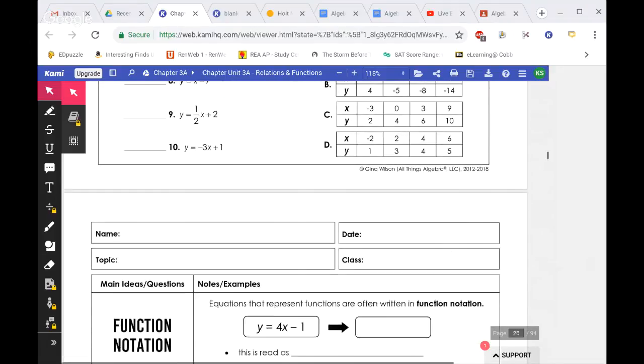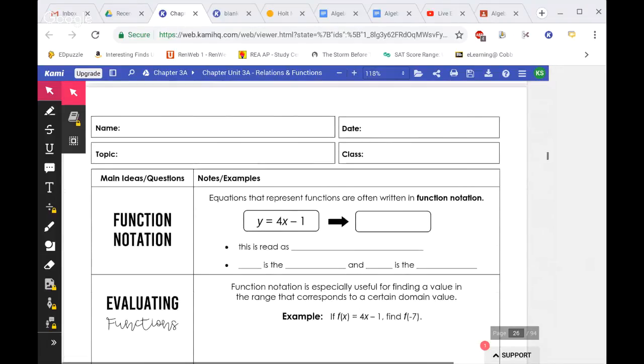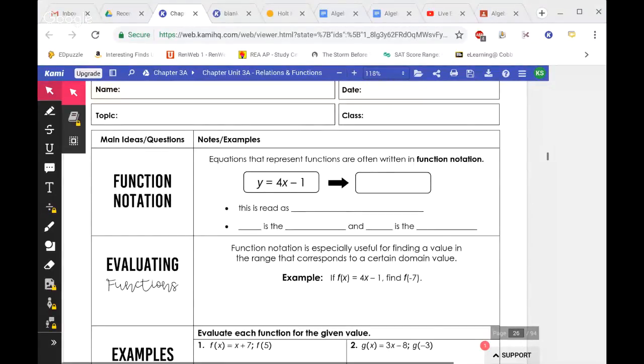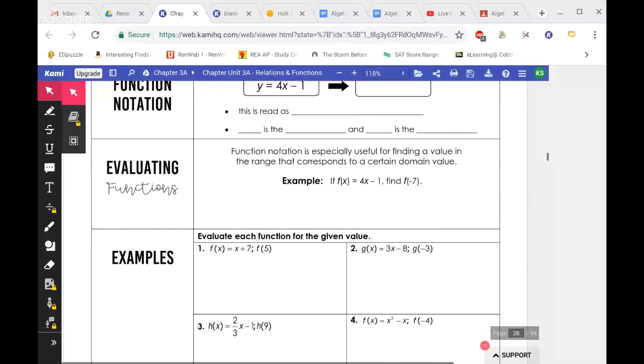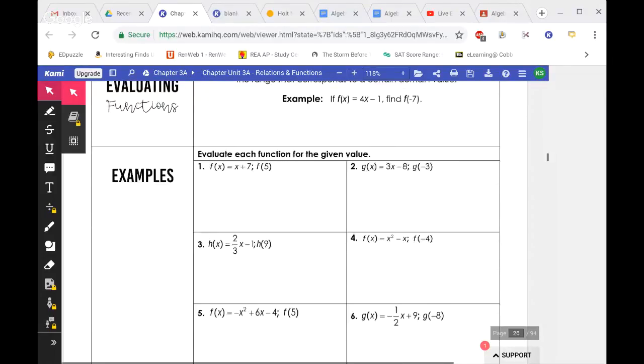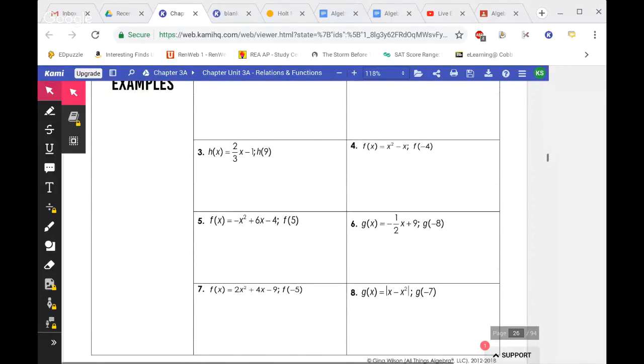I can always go back to that. If there are more questions on this worksheet, the function notation? Okay, well, I'll start here and then go back. But Sophia, you had a specific question on number 7 and 8.